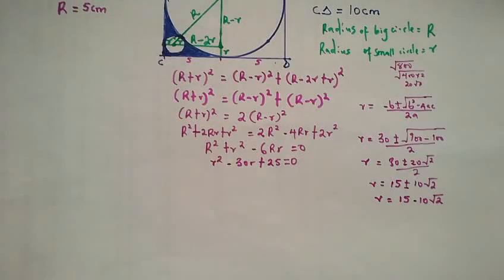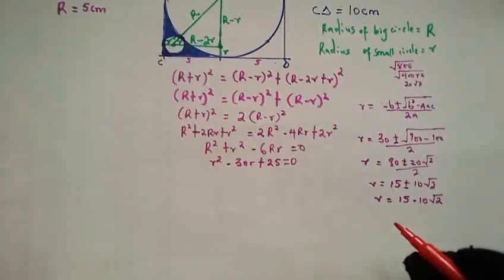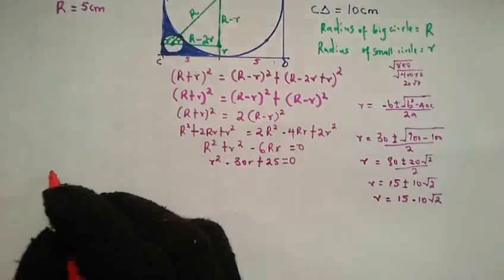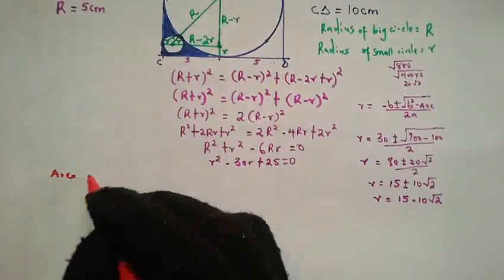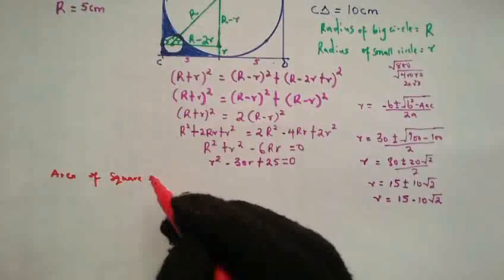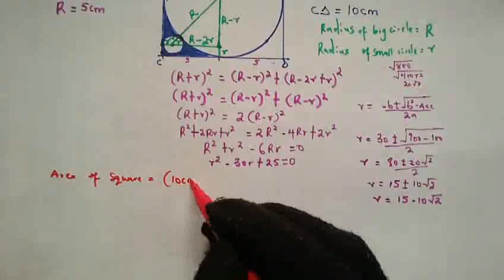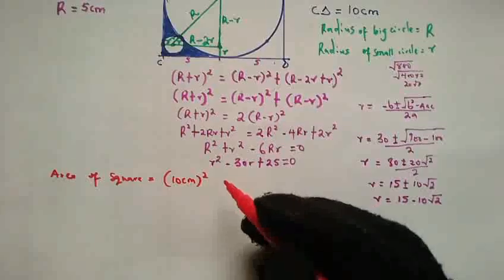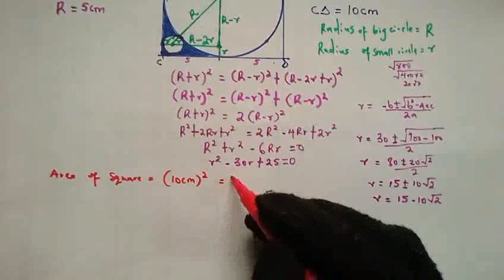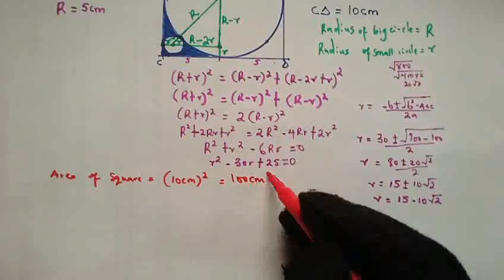Okay, now what is the next? So now let's find the area of the square. The area of the square is equal to 10 centimeters squared, because the length of each side is 10, so we have this equal to 100 centimeters squared.